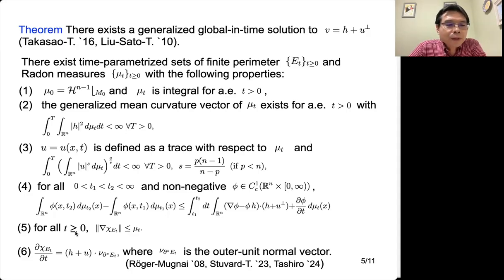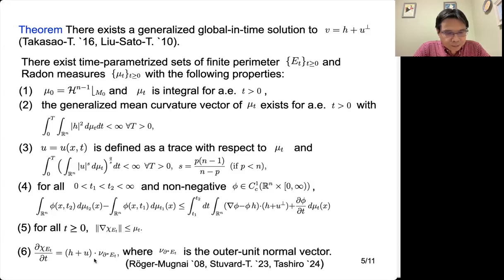The relationship between them is as follows: the surface measure on the boundary of this moving domain is bounded from above by this surface measure. In fact, if everything is fine, they are supposed to be equal, but there's a possibility that they could be different.